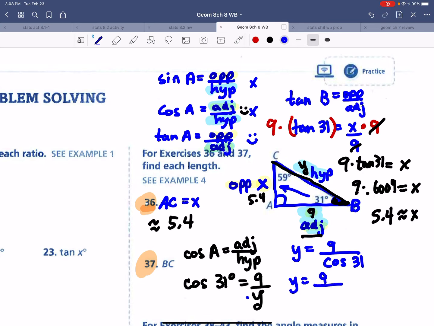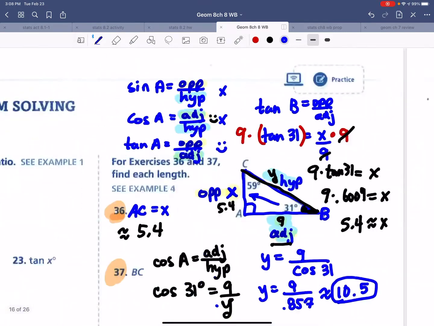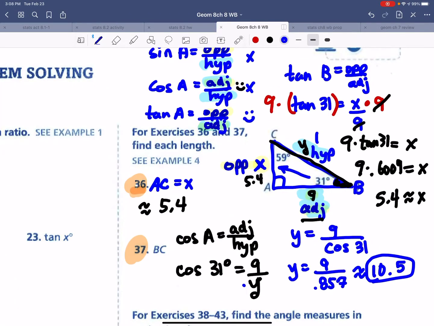So I hit 31 in cosine, and I find out that it is 0.857. So if I divide 9 by that number, I get approximately 10.5. All right, we'll keep it at that. And does that make sense? Well, yeah, it's a number bigger than 9, and that's what we were hoping for.